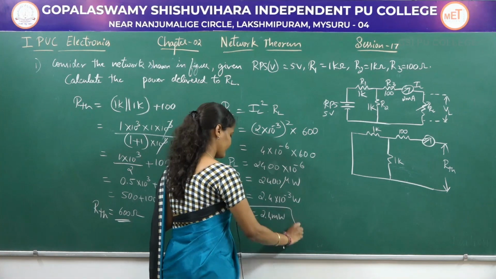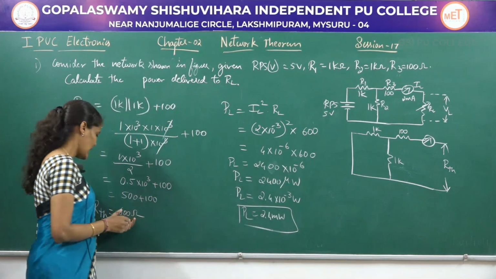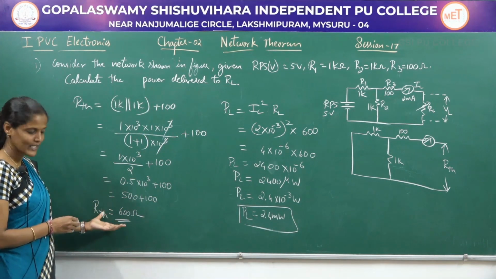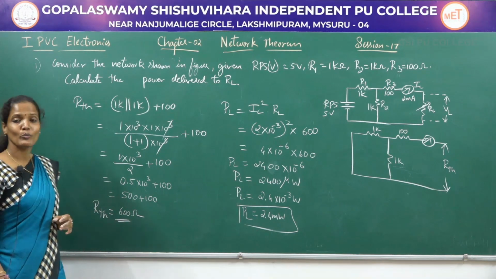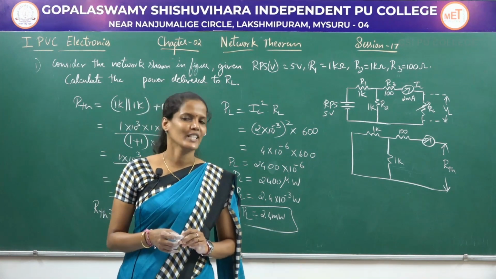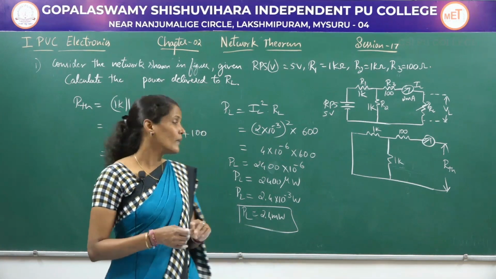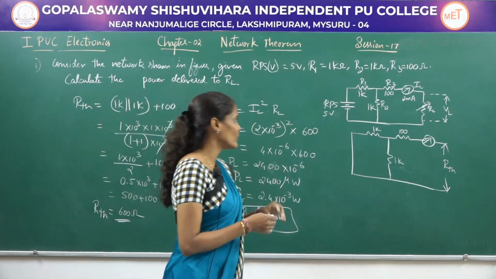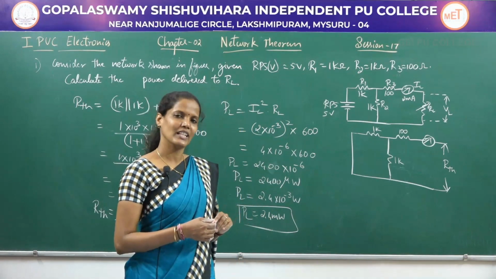So, the power delivered to the load when R Thevenin value or the load resistance value is equal to 600 is 2.4 milliwatts. This itself is the maximum power which will be transferred to the load resistance where the 5 volt voltage source is connected.